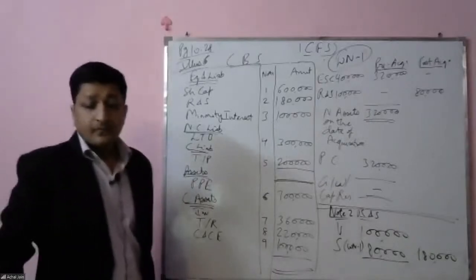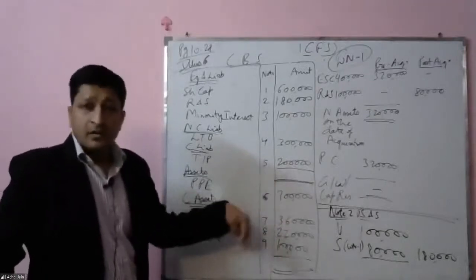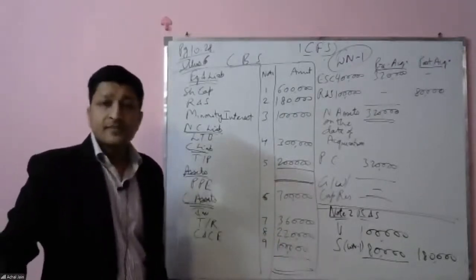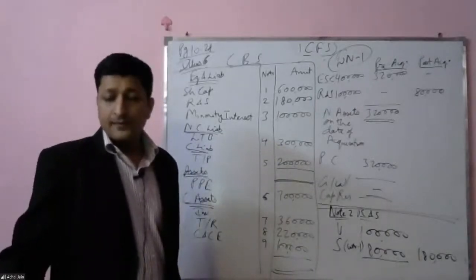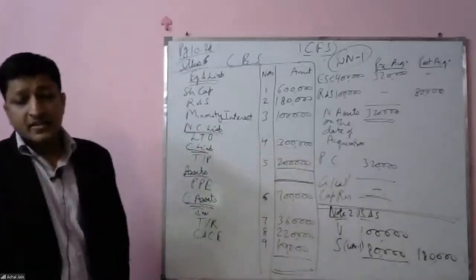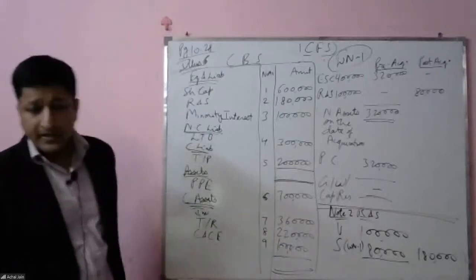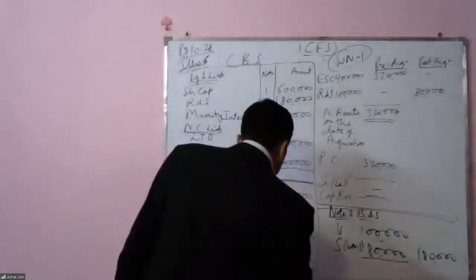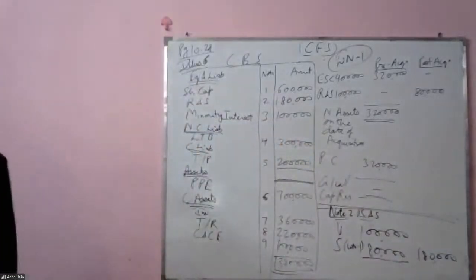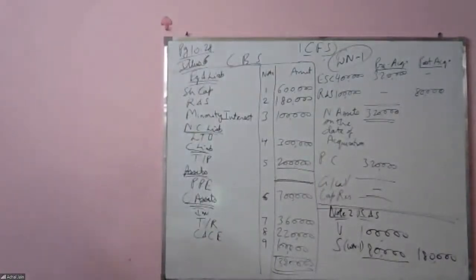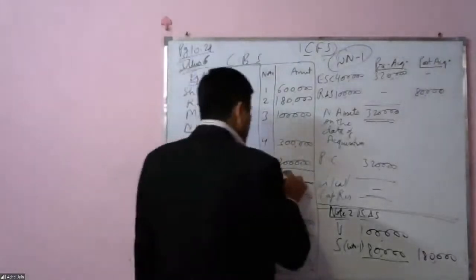Yes or no? Okay, Sakshi is saying it's 13,18,000. Both sides? That means assets as well as liabilities, or is it only one that you have totaled? Aditya is saying it's 13,80,000. Nandishwaram is saying assets are 13,80,000. 13,80,000 is the total of assets and 13,80,000 is the total of liabilities also.